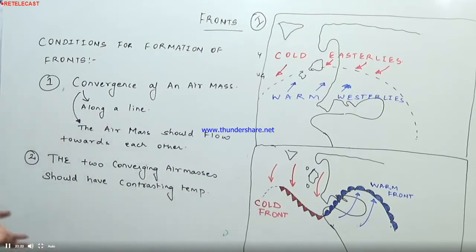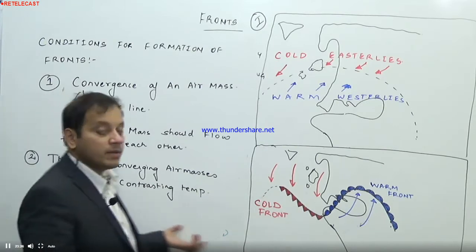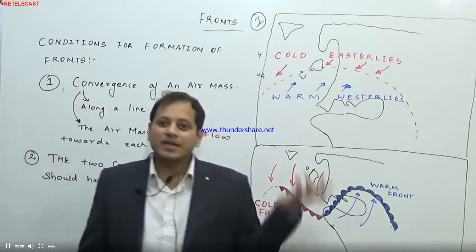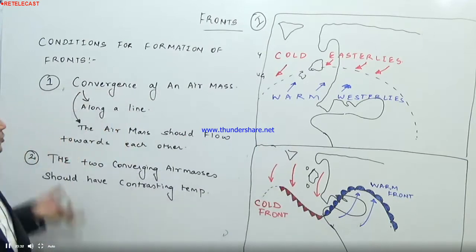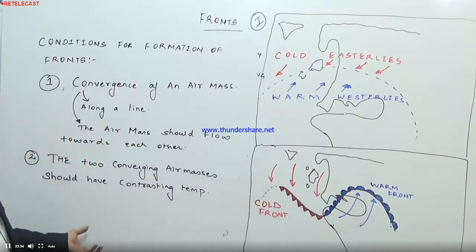Obviously, if there is a temperature difference, the pressure difference is there, and as I told you, moisture difference is also there. So these are the two conditions for the formation of a front.